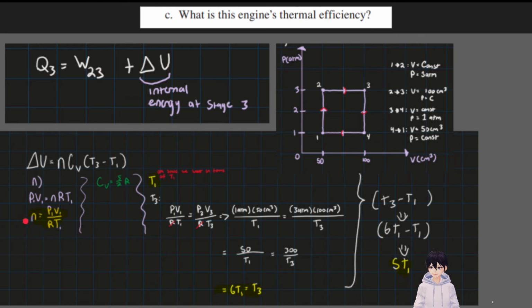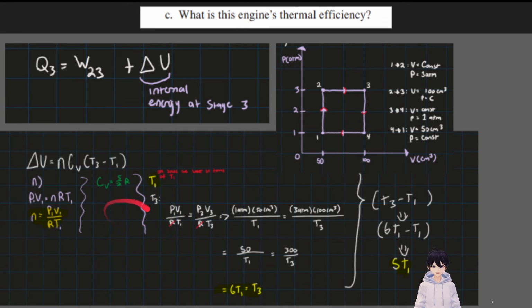So you can isolate the n, you get this right here. This variable we know is equal to 5 divided by 2 multiplied by R, which is the gas constant. And for this part right here, T1 doesn't have to be converted because it's already in terms of this first point.